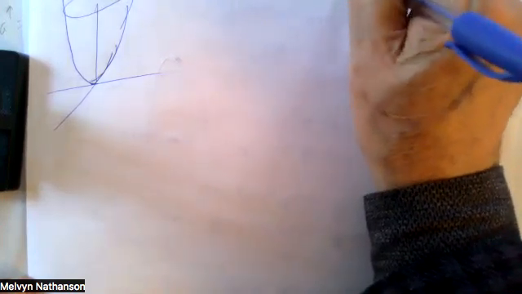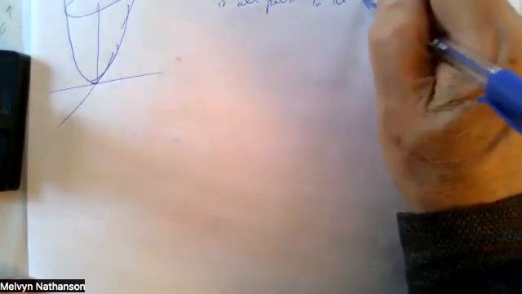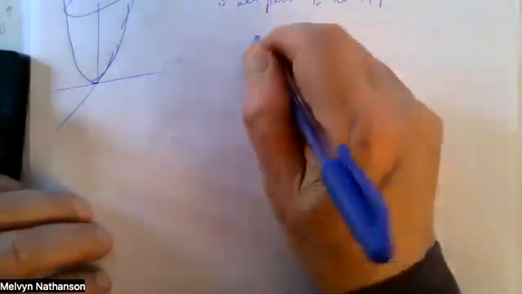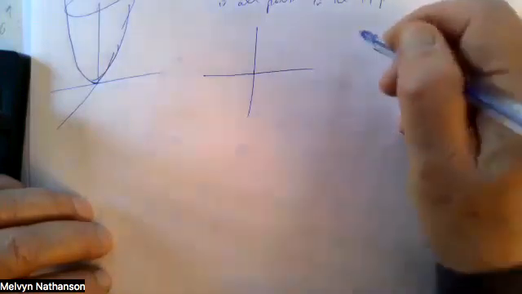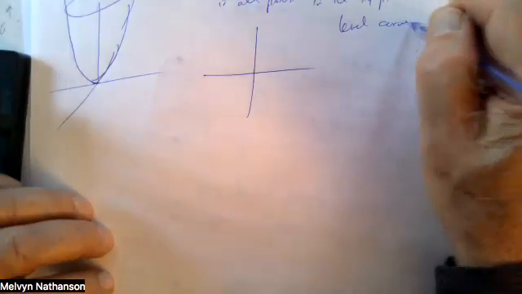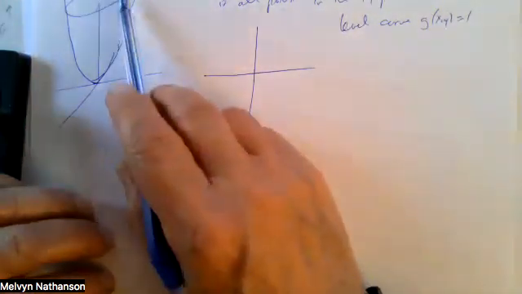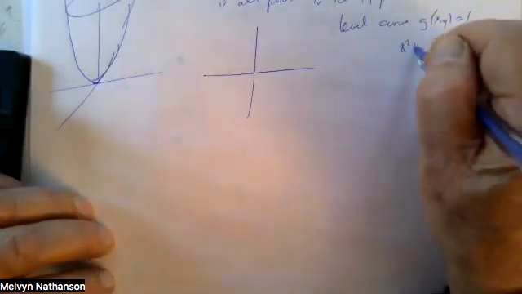So the level curve f of xy equals z naught is all points in the xy plane such that this equation is satisfied. So what is the level curve, or let's say I'm using g for the function, g of xy equal 1 for the function x squared plus y squared?